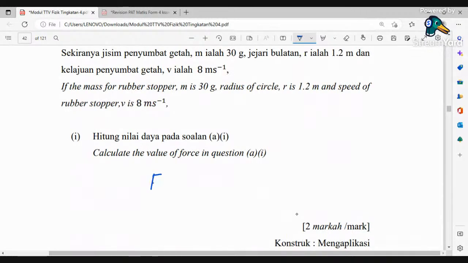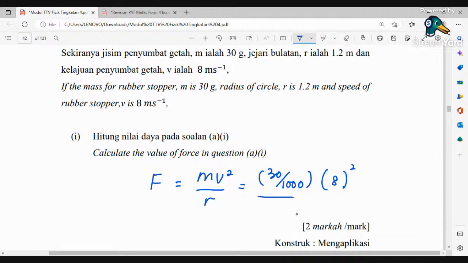Just use the formula mv squared over r. 30 gram, you convert to kilogram. v is 8 squared, r is 1.2 meter.